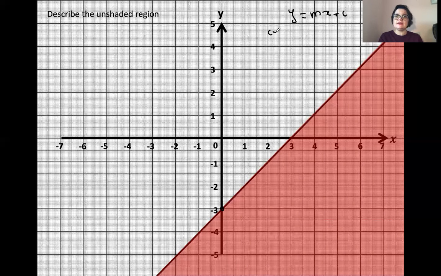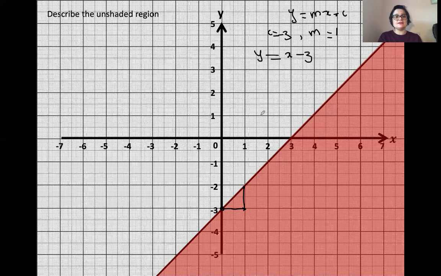So c equals -3. And m, if you build a right angle triangle here, it's going to be 1 to the right and 1 up. So rise over run, m equals 1. So the equation is going to look like this: y equals x -3. So this is the equation of the line.